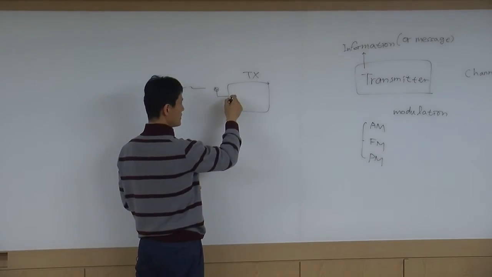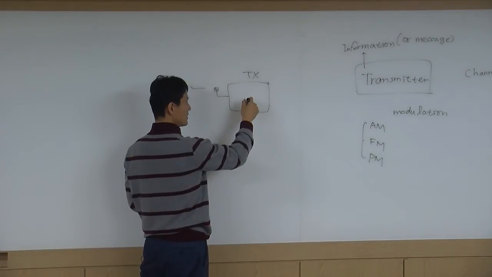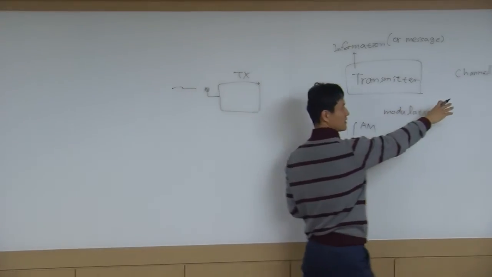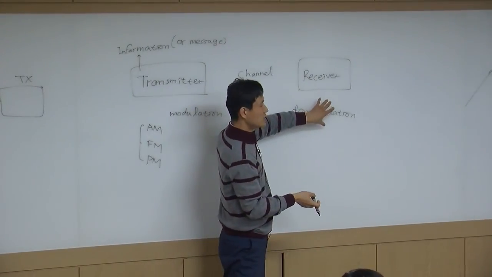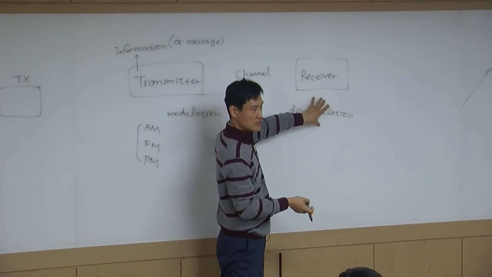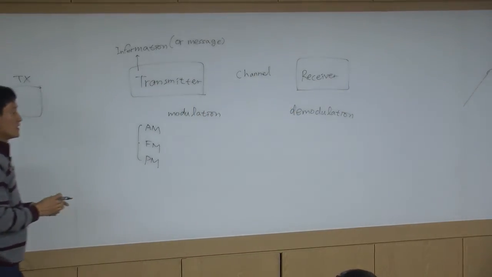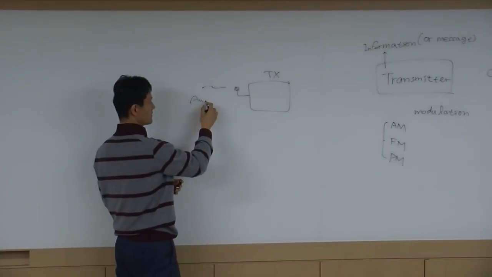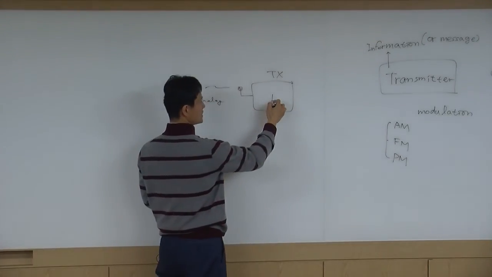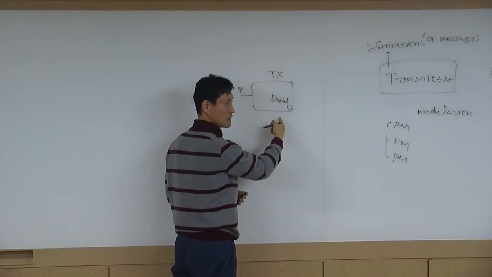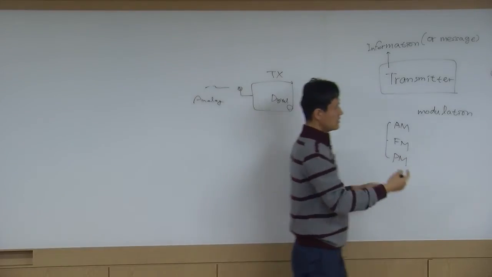My voice is analog. That goes into the microphone. Inside the microphone and then inside the transmitter, they're doing some digital processing and then transmit. The receiver does demodulation, digital demodulation, and recovers my voice. In that case, we start from analog and change it into digital and then do digital processing. Same thing here.